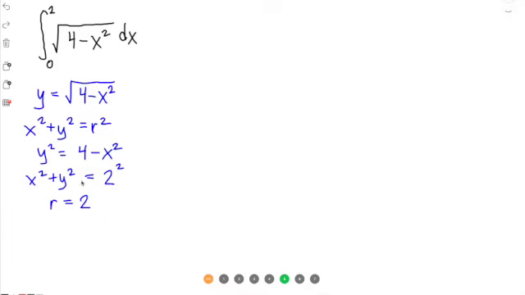But as you can see from the original equation, y is equal to the square root of 4 minus x squared, it is looking for only the positive half of it. So if you take a Cartesian plane, let me write here.